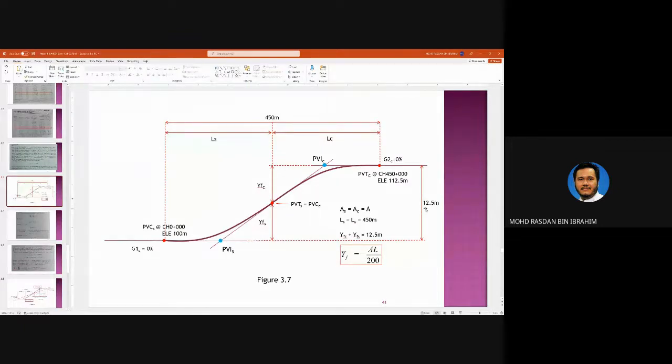Okay. YFC plus YFS is 12.5 meters. So this is YFS. Please recall, if you extend this line G1 to the PVT point of this first curve, you will have YF of the sag curve. If you extend this line here of G2 until it reaches the point of PVT of this crest curve, you get the value of YFC. And the formula of YF is this: YF equals AL over 200.